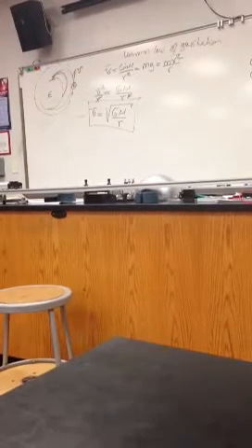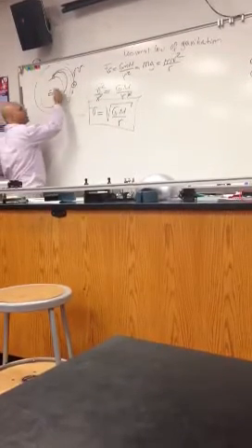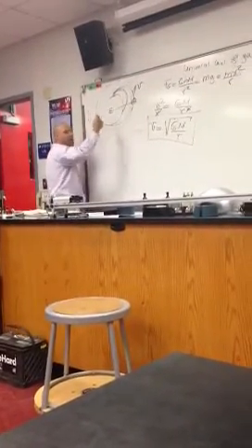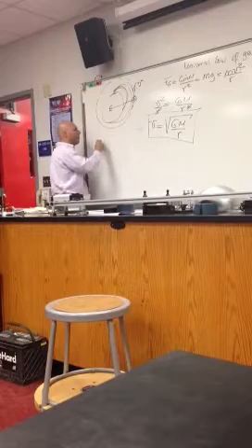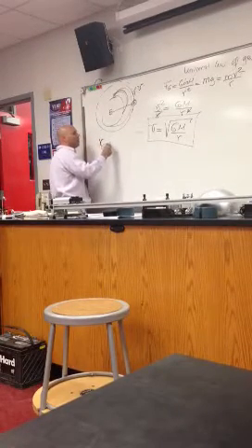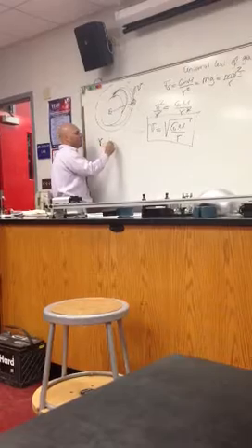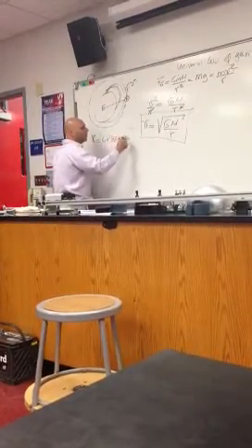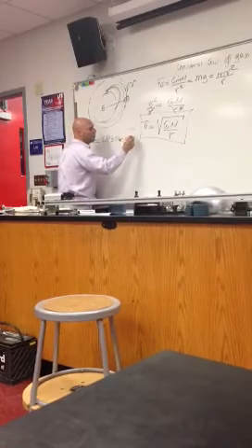So let's say this is the International Space Center, which is 300 kilometers above the surface of the Earth. The orbital radius will be the radius of the Earth, 6,380 kilometers, plus 300 kilometers.